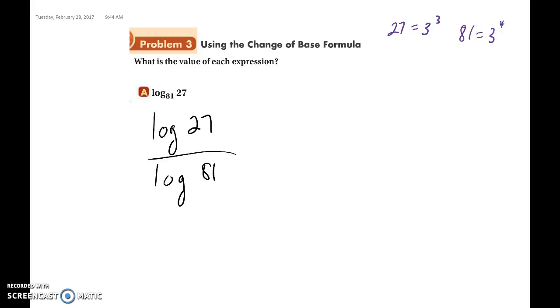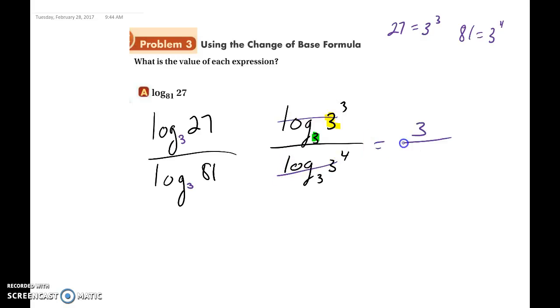If we want to do this by hand, we can go ahead and just change these to log base 3s. And the reason why we would do that is, if you remember in the last video, we can then rewrite this as log base 3 of 3 cubed over log base 3 of 3 to the fourth power. And since we have an exponential with the base 3 and a logarithm with the base 3, we know that they will just cancel or undo each other, and this would then be equal to 3 over 4.